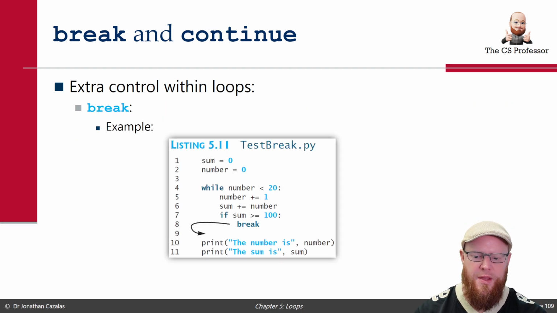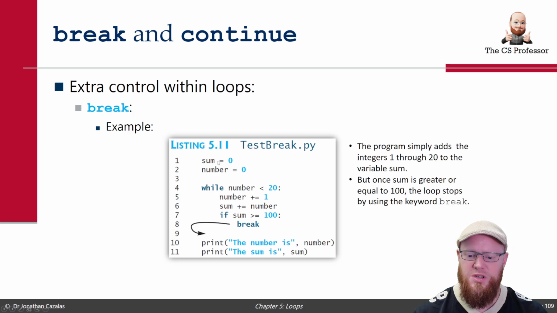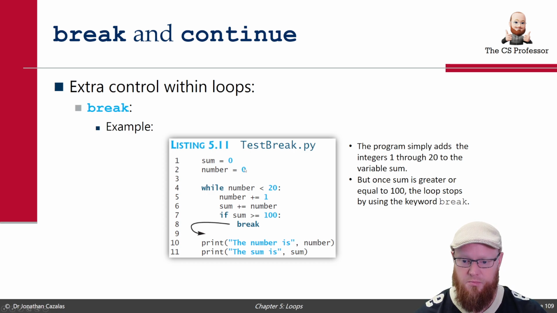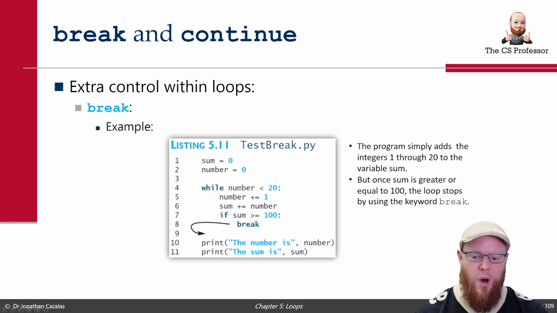So here's an example. It's a silly example maybe, but we're just going to loop while number starts at 0 and goes up to 20. What's effectively happening is we're just going to sum up the numbers from 1 to 20, right? Notice that sum starts at 0, number starts at 0. While number is less than 20, we're going to add 1 to number. So number started at 0, so now it becomes 1.